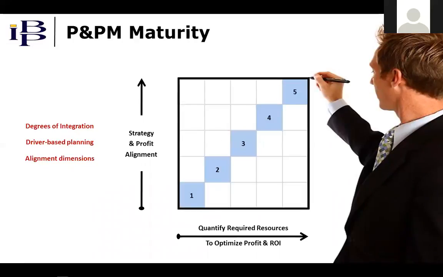With a maturity model, we're going to describe 5 different stages of maturity, and what we're describing are degrees of integration. For example, we're going to describe 5 different types of driver-based planning models and the alignment dimensions. What does alignment look like at these different stages?